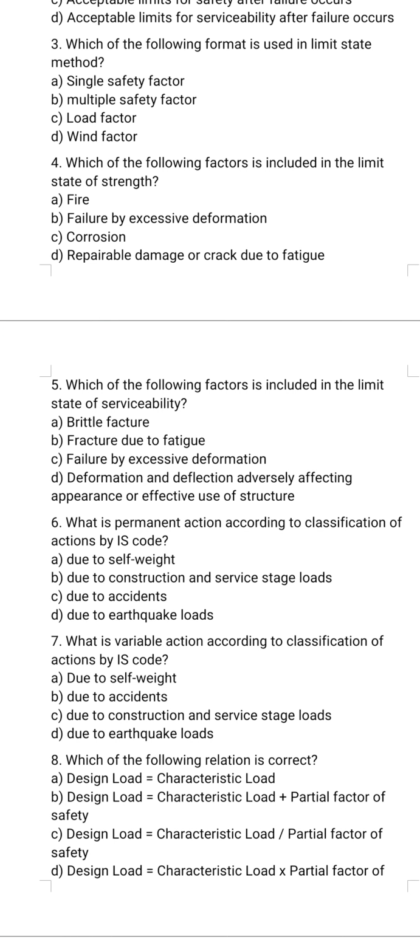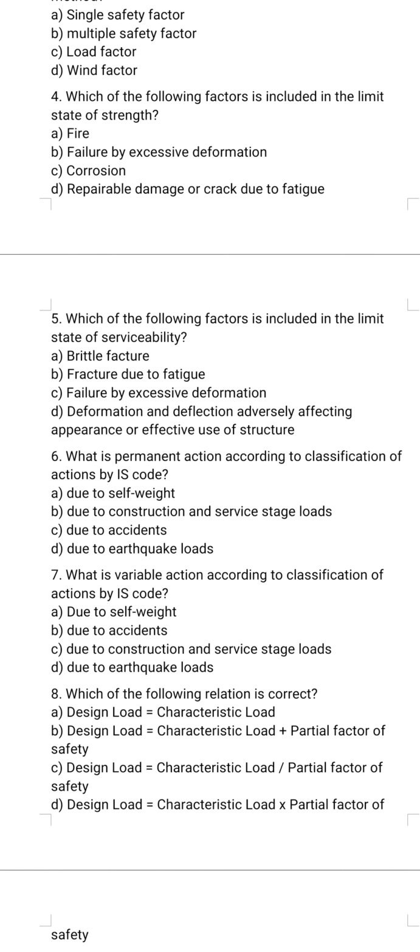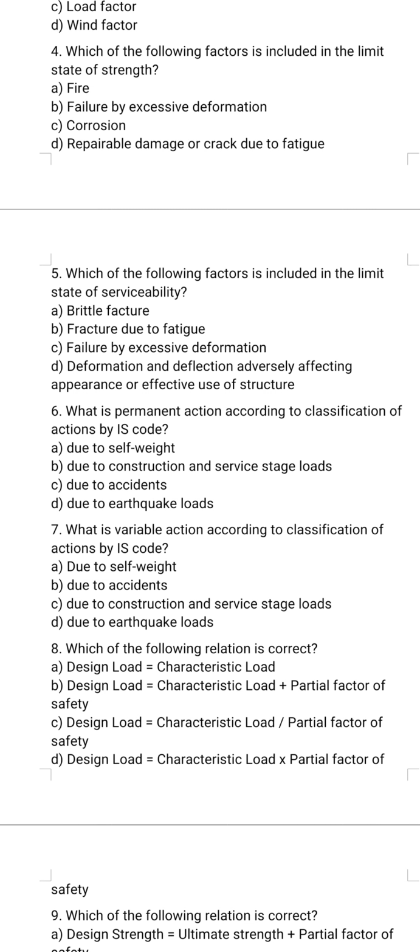So repairable damage due to crack from fatigue should be the proper answer. Now this is also question number 4. Question number 5 should be based upon the deformation and deflection adversely affecting appearance or effective use of structure.